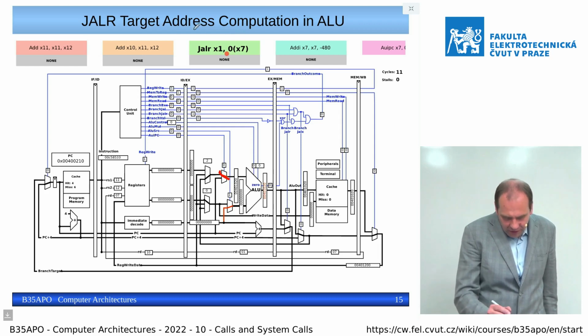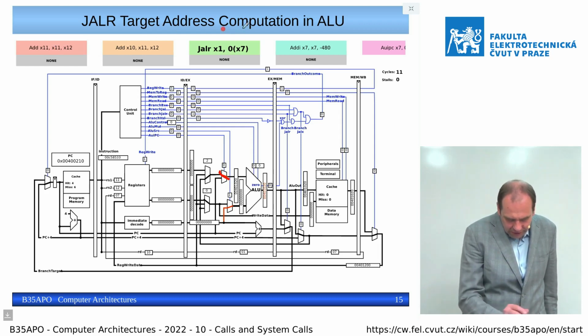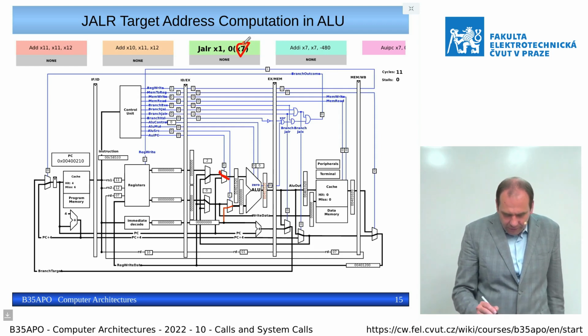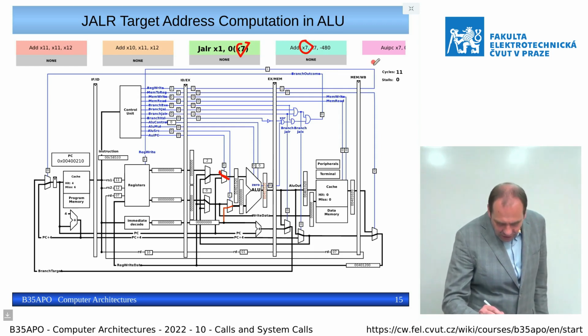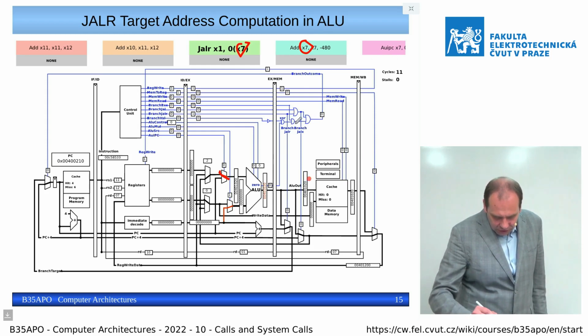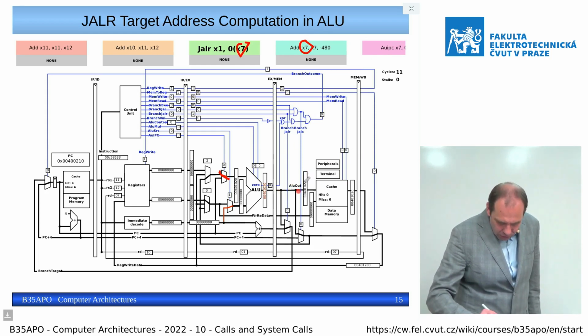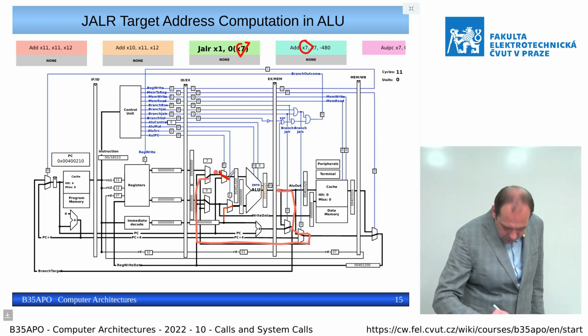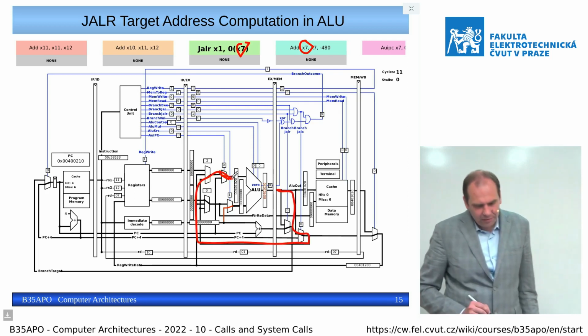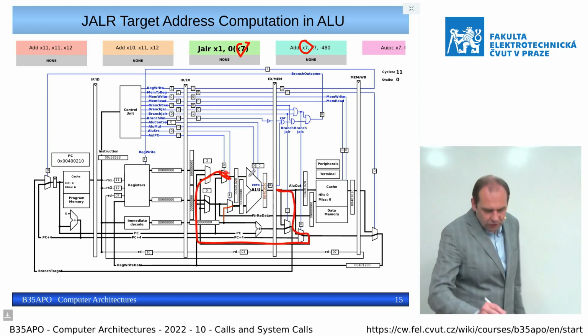In fact, we want to branch to the address which is in the register X7, and X7 was set by the previous instruction. So in this case, we need to forward the result from here. We forward it here as one input of the arithmetic logic unit.